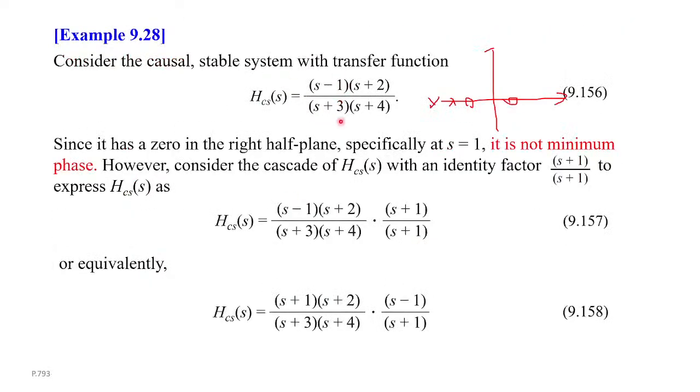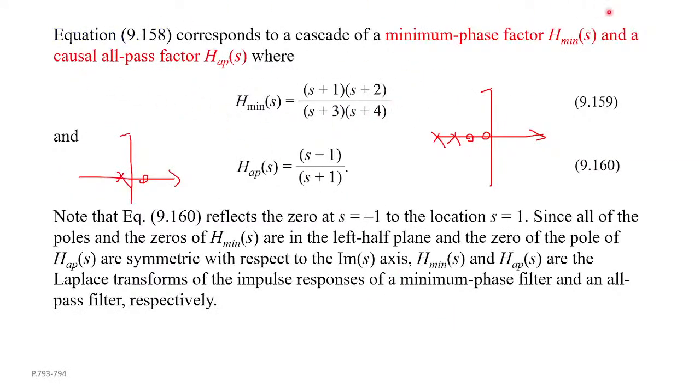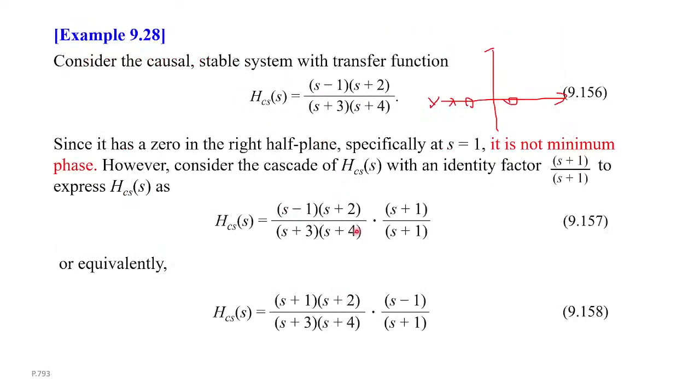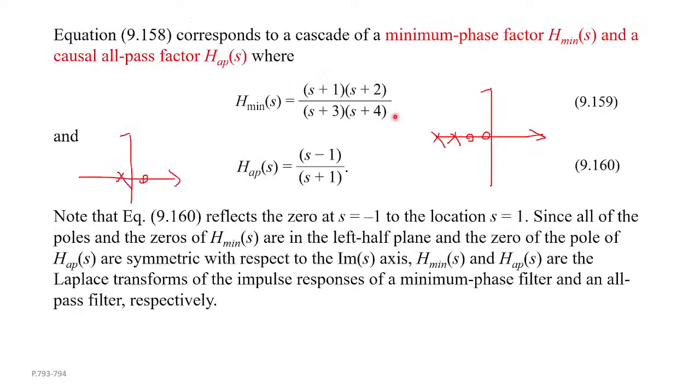But now, if you separate those two things and think about their properties, this is a minimum phase system because it's always s plus something, which means all the zeros and poles are on the left hand side. You see 1, 2, 3, 4.